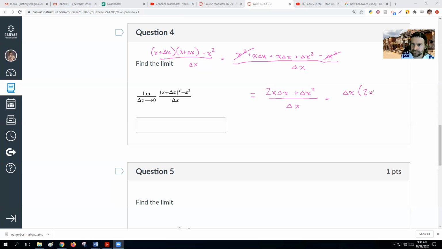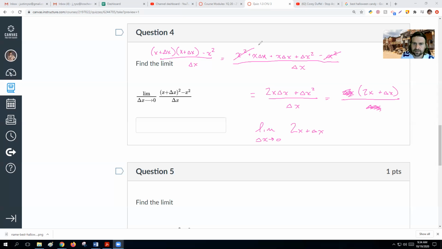It'd be 2x plus delta x, which is nice because now we have this factored out. It could cancel one from the top and one from the bottom. So our limit expression is as delta x approaches 0 of 2x plus delta x.